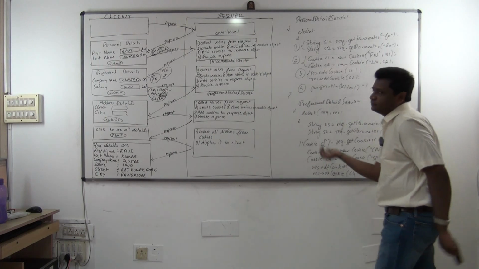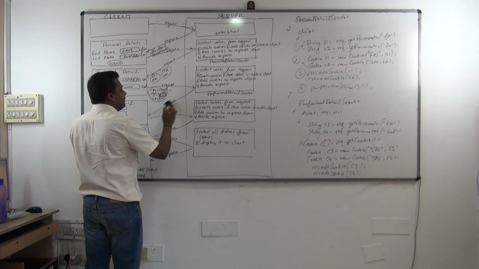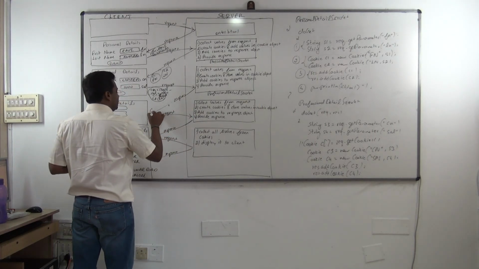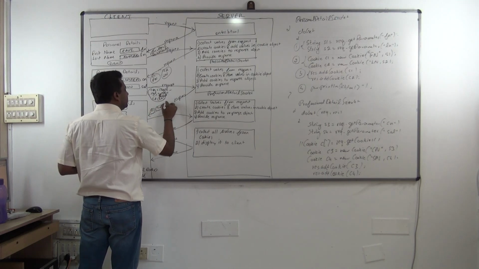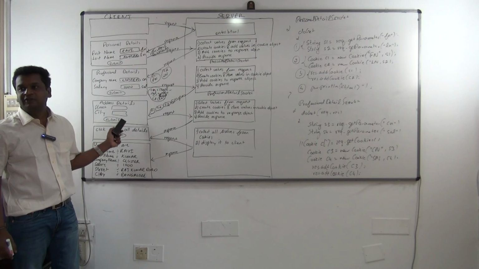That's it. Give back the response. So this time in your response, how many cookies will be coming? Can you imagine? 4 cookies. C1, C2, C3, C4. 4 cookies will be residing.